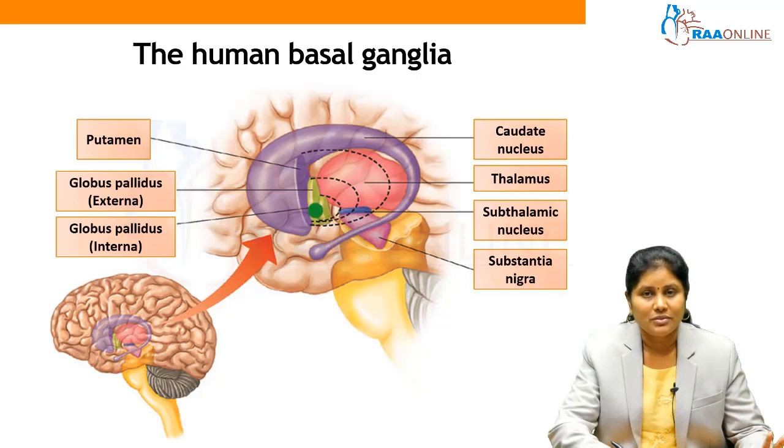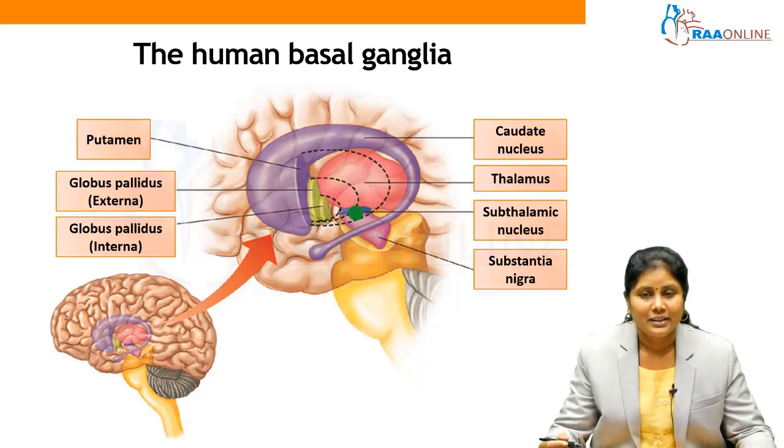There are two segments of the globus pallidus, externa and interna. And if you cut open these structures, you can see the subthalamic nucleus, the blue colored structure lying beneath all these nuclei, and below that will be the substantia nigra. Everything is in close contact with a very important relay station, the thalamus.